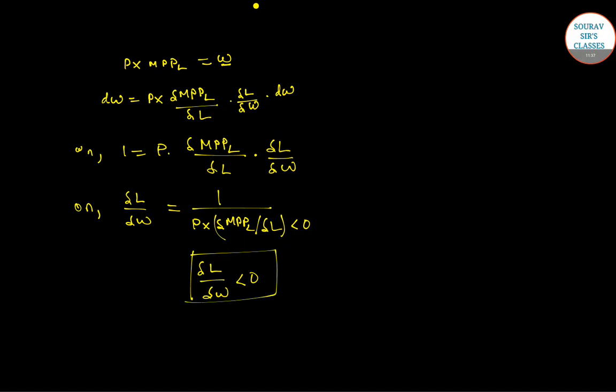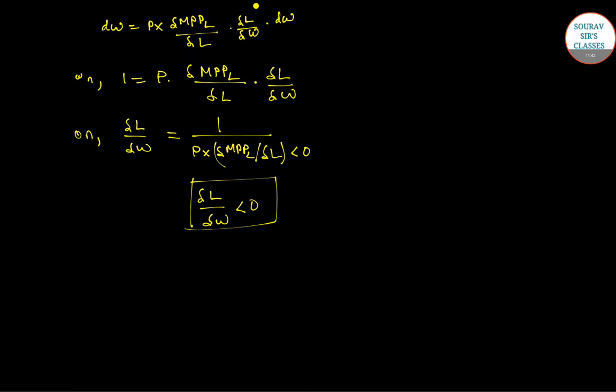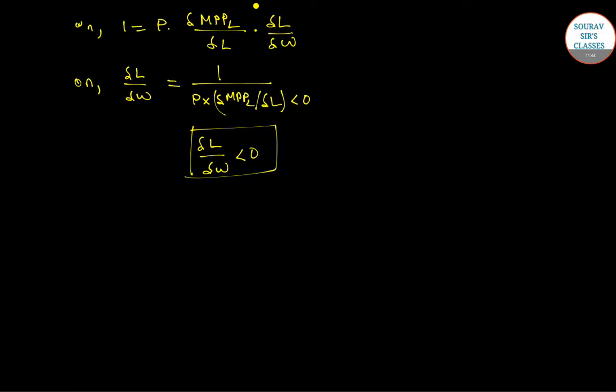So the falling part of the VMPL curve is the demand curve for labor.